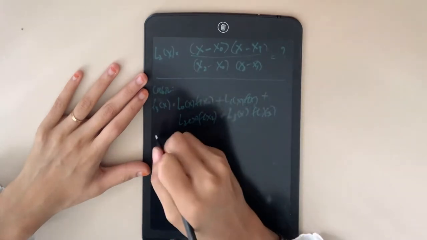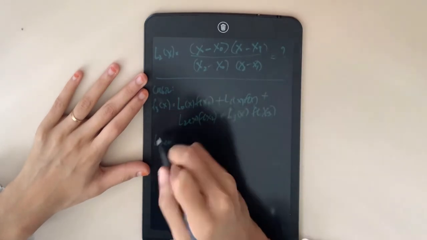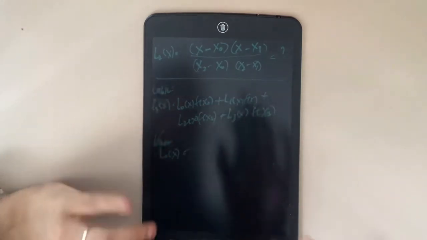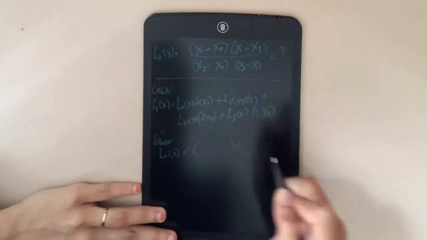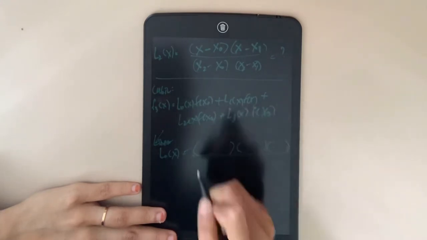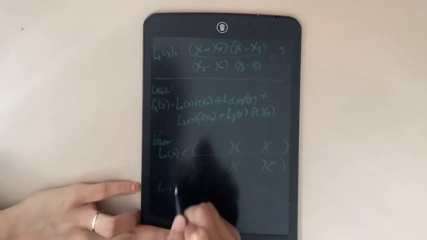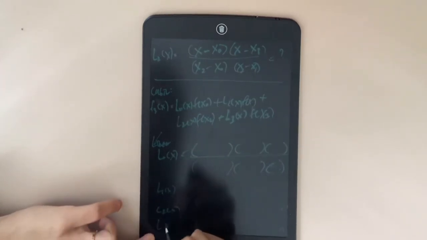Okay, so for cubic and for L0x here, they must have 3 terms. Okay, 3. Sama juga L1, L2, and also L3.